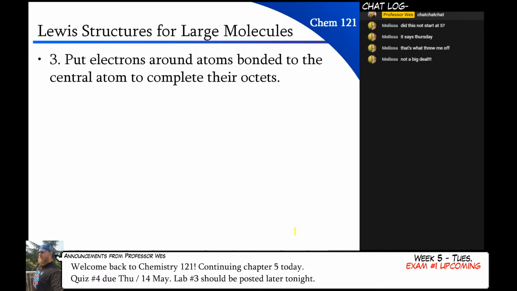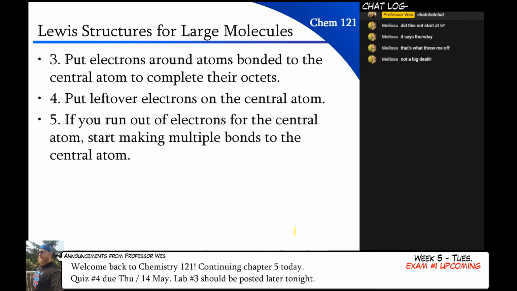Step 3 is with the remaining electrons, you're going to put electrons around the outer atoms in your structure. Step 4 is to put the remaining electrons on the central atom. And then finally, step 5 is a cleanup step where if you don't have octets for everything, we're going to move electrons to make multiple bonds so that everyone has an octet.